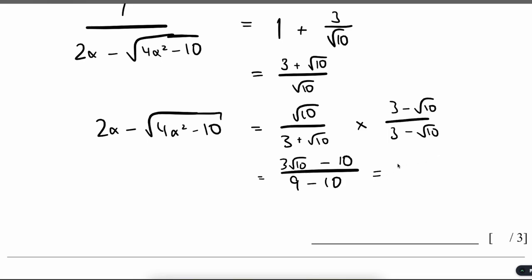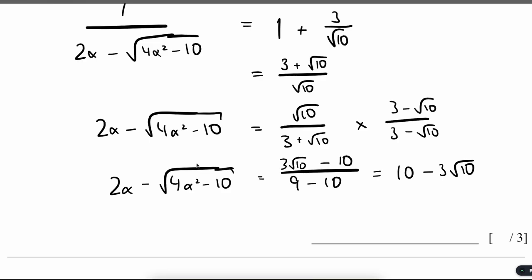So that is equal to, well, that's going to be minus 1 on the bottom, so that's going to swap this round, minus 3 root 10, and then you've got 2 alpha minus root 4 alpha squared minus 10.